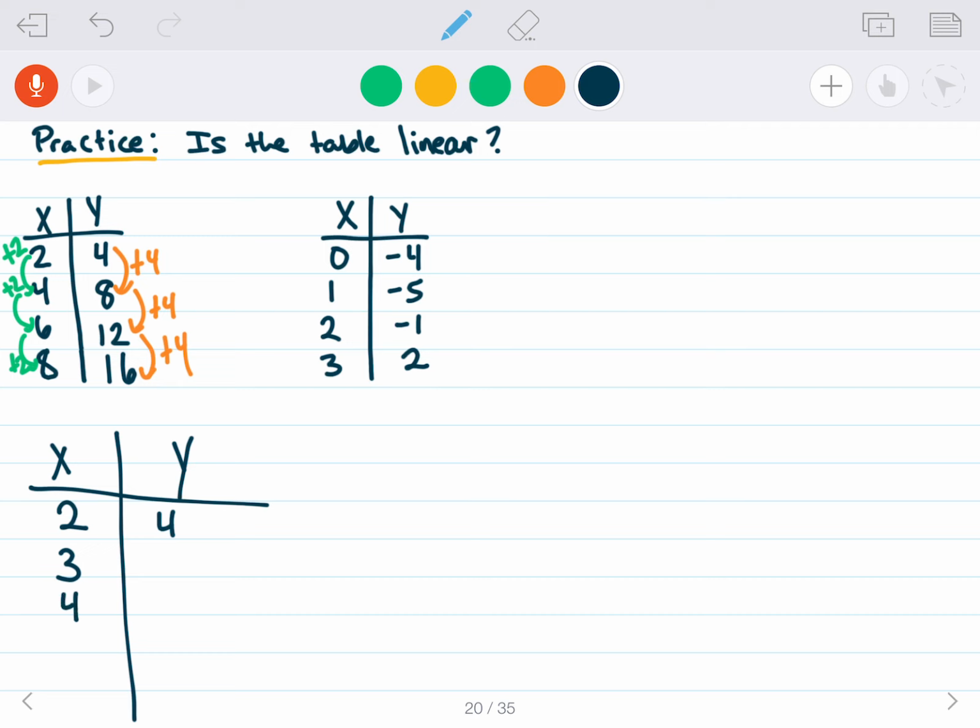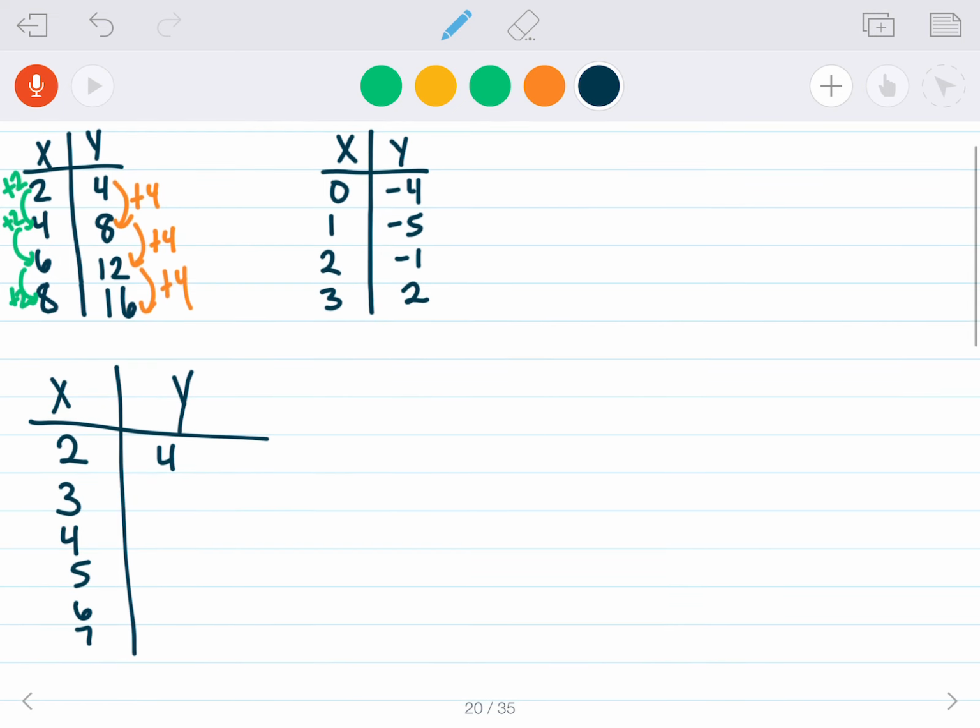Well, let's fill in the missing information. So we have 3, 4, 5, 6, 7, 8. So we want the x values to increase by 1 to figure out what the slope is. So when x is 4, y is 8. When x is 6, y is 12.